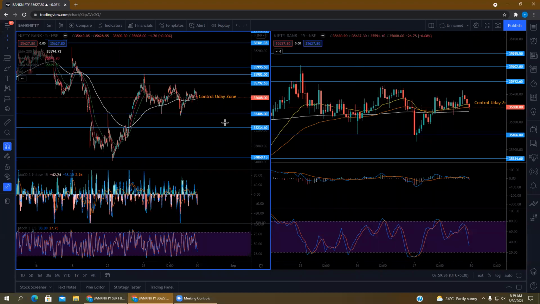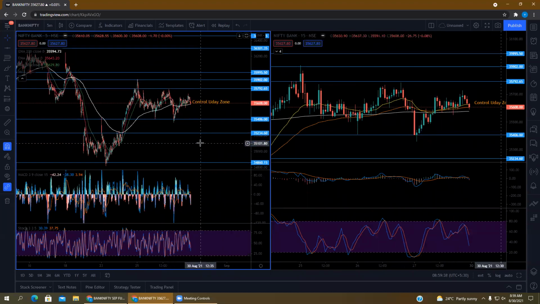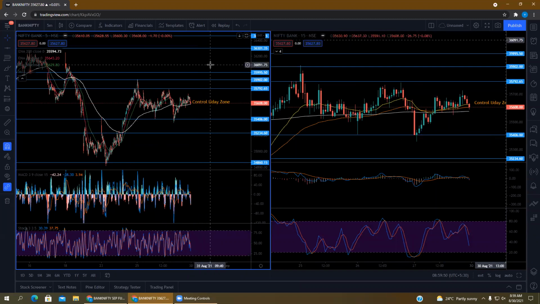So we are looking for a larger range. The swing range that we are looking for is 35,200 to 36,300, so a 1,000 to 1,100 point range. But the trading range I'm looking for is between 35,400 and 36,000. That is what I'm looking for as of now.